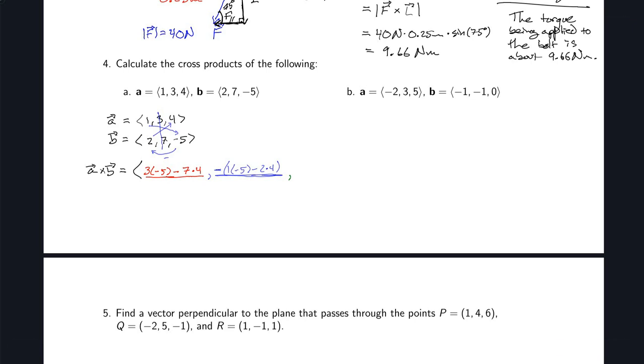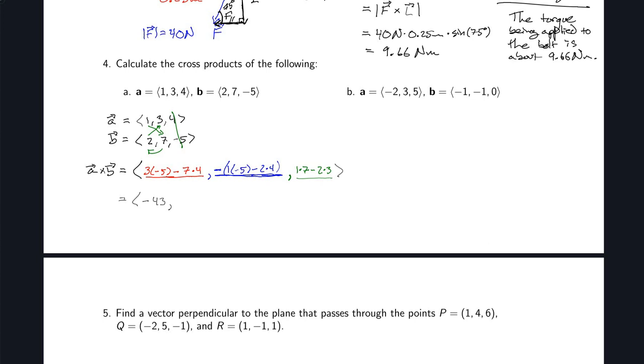Then we'll go to the third term and repeat this process. Here I'll ignore the third entries, and I will do 1 times 7 minus 2 times 3. So we'll just do that arithmetic. That's negative 15 minus 28, which is minus 43.